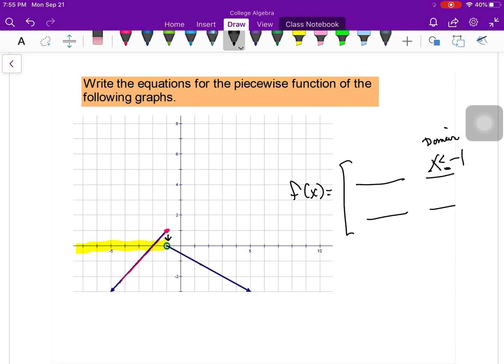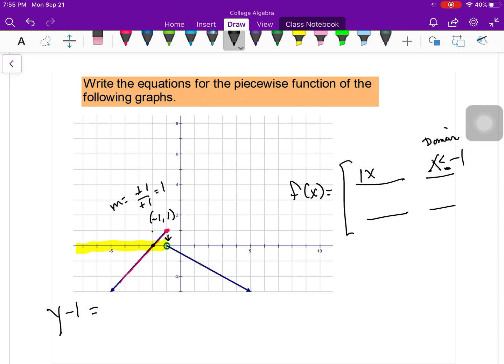Now I need my equation. So I'm going to count my slope. I see a lattice point here. Up 1, right 1. So that gives me a slope of 1. So this will be 1x. Now, it does not cross the y-axis, so I'm going to have to do y minus my y-coordinate. And I'm going to use this point, -1, 1.